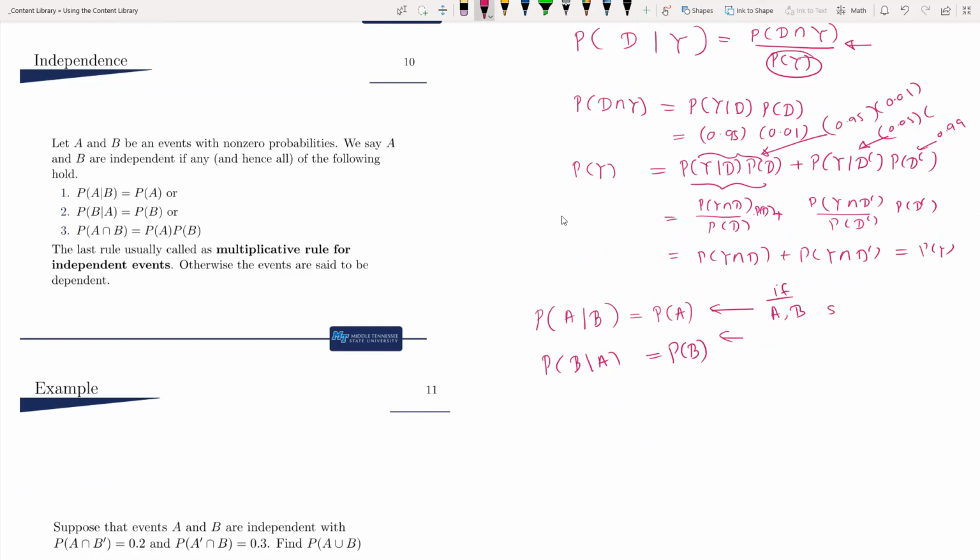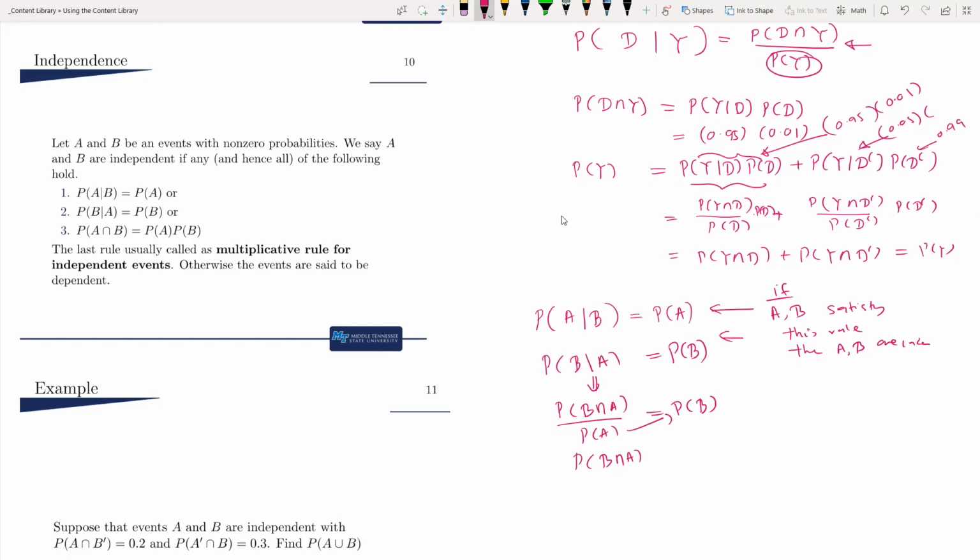So if A and B satisfy this rule, then A and B are independent. Now, if I expand this side, what's going to happen? It is the probability of B and A over probability of A. So I can cross multiply and I would get another rule.